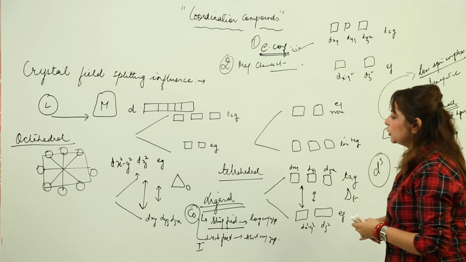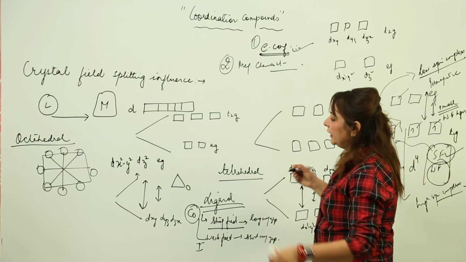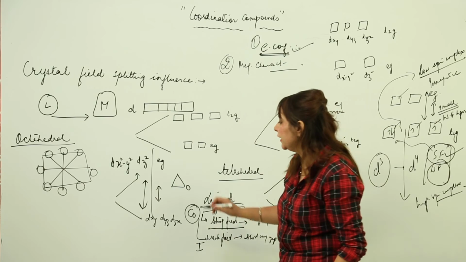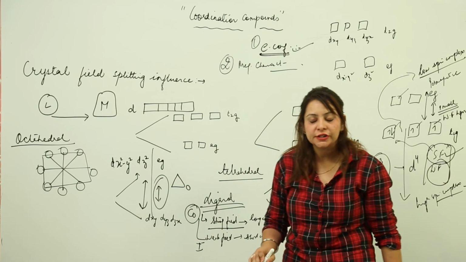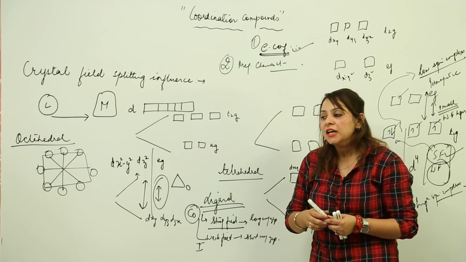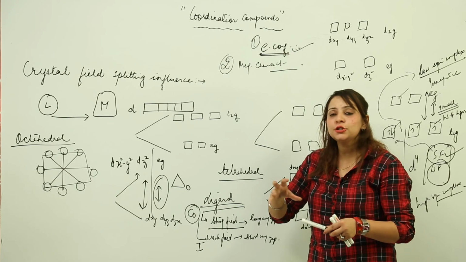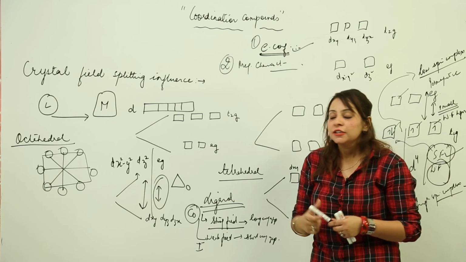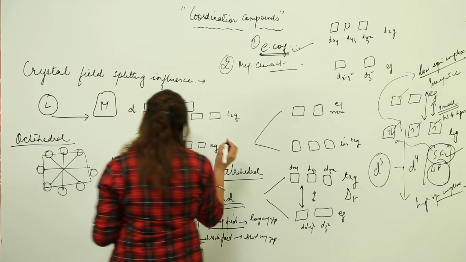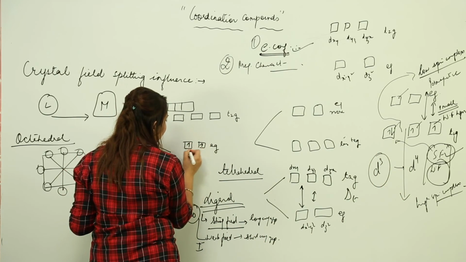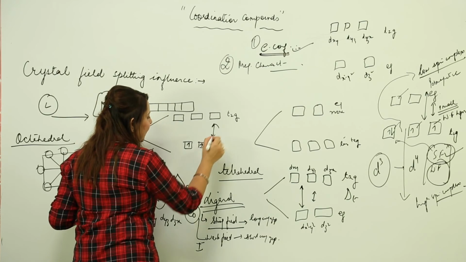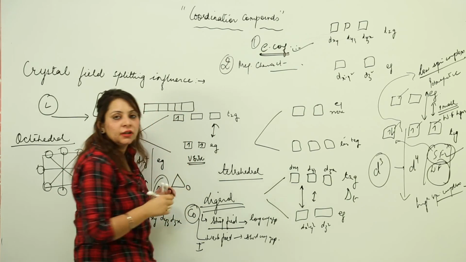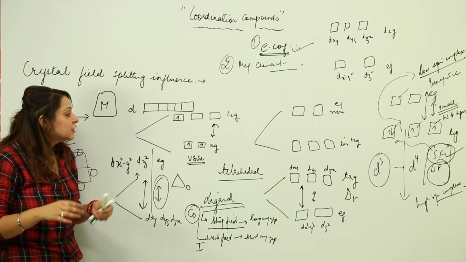What happens actually is, suppose it is a strong field ligand, so there will be a lot of energy difference. But if it is a weak field ligand, there will be a small energy difference. A small energy difference means light of shorter wavelength can excite the electron. Suppose I have an electron here and there is a small energy difference, so light of the visible region can excite the electron.